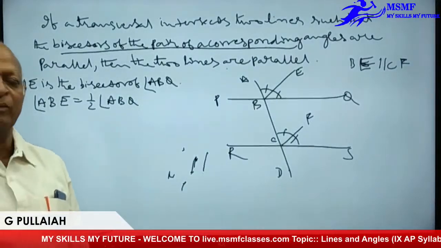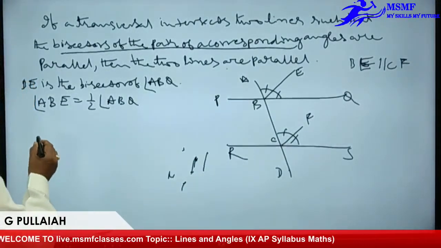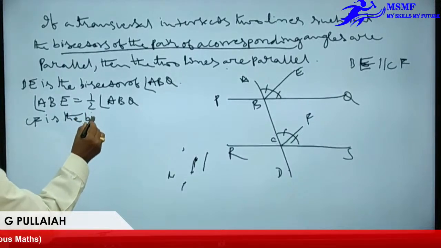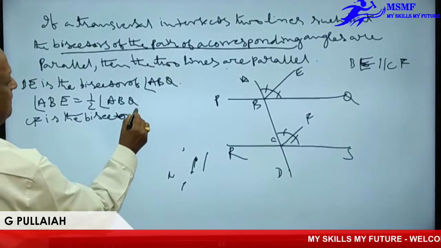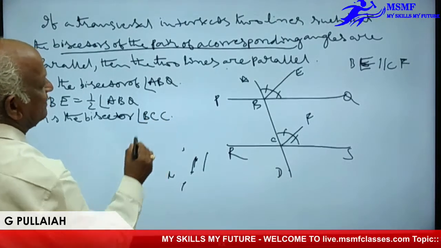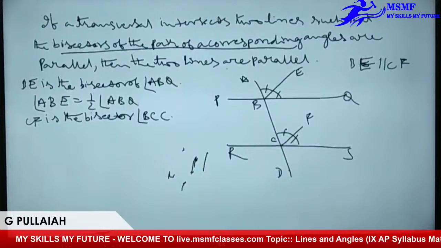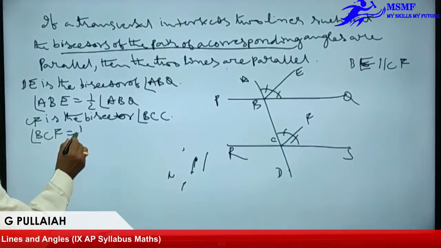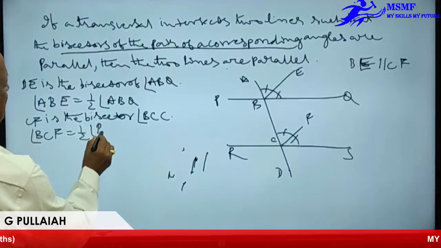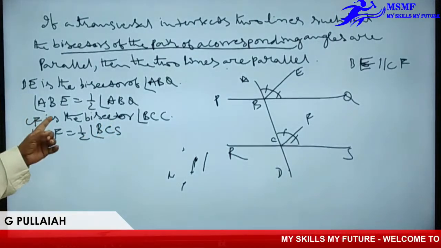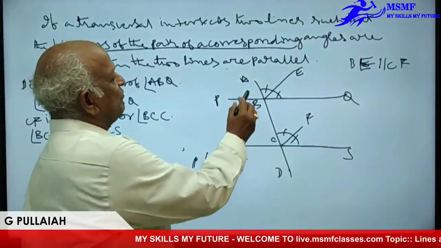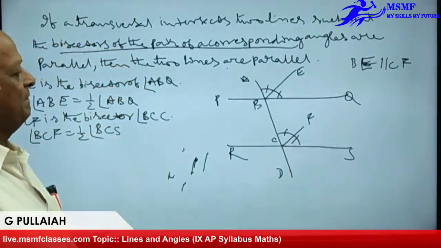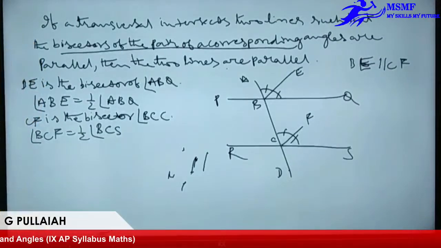Similarly here, CF is the bisector of angle BCS. So thereby you can say angle BCF is half of angle BCS. So here ABE is half of ABQ and BCF is half of BCS.